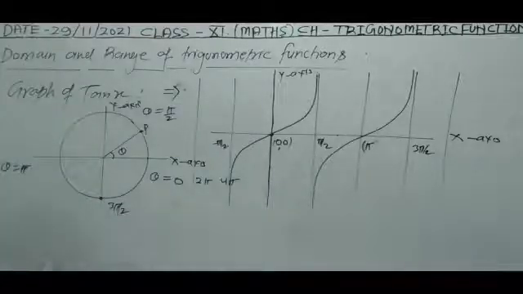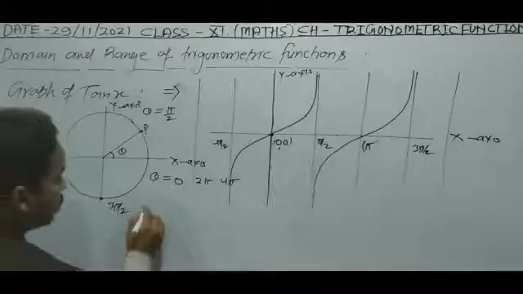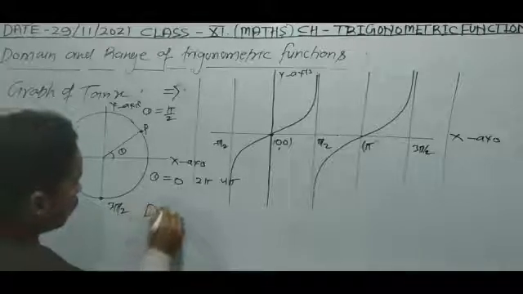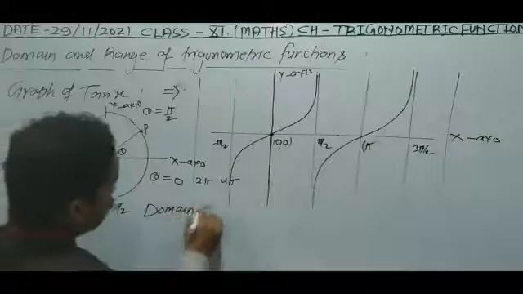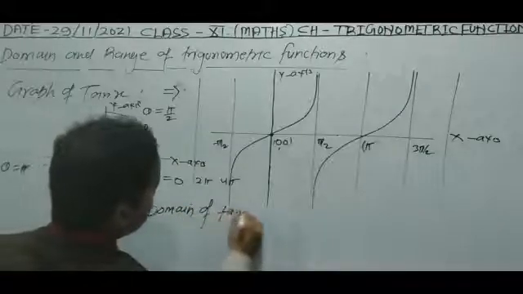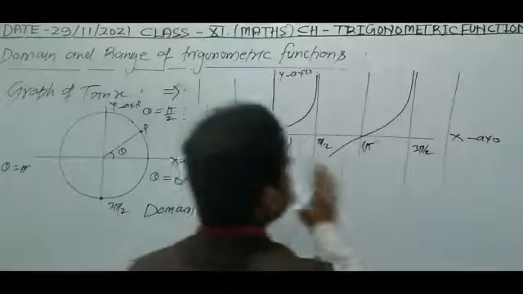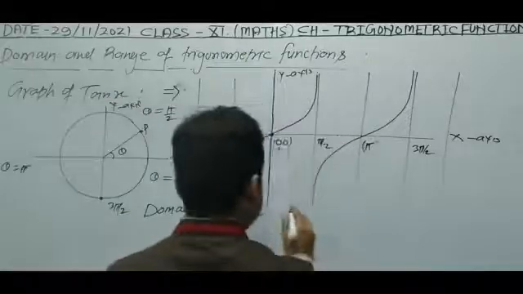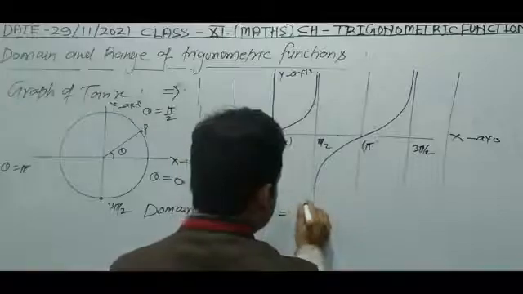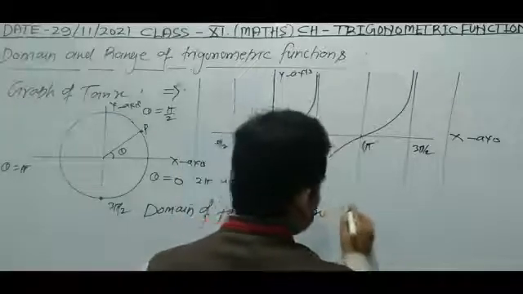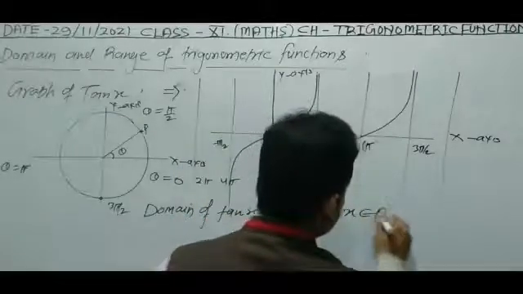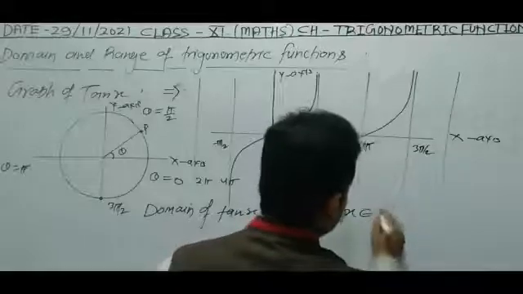Now what can we write? Domain of tan x. Tan x is defined for all real values of x. So we can write x such that x belongs to real.